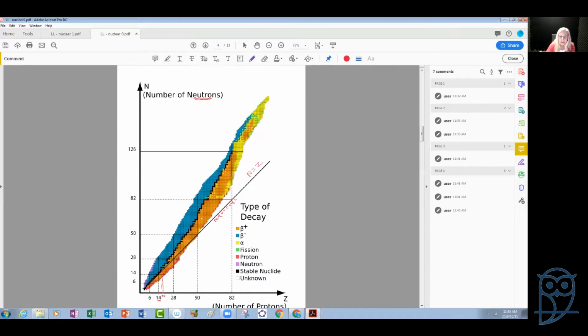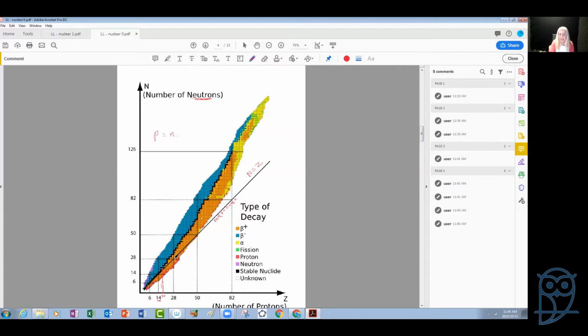Now the stability seems to lie above this line of N equals Z, which means that above this line, in order to keep stability in the nucleus, we need to have more neutrons than protons. Up to atomic number 20, stable isotopes are the ones that have an equal number of protons and neutrons, remember.